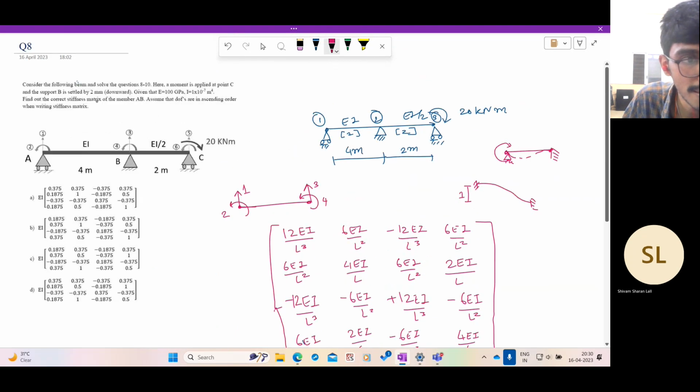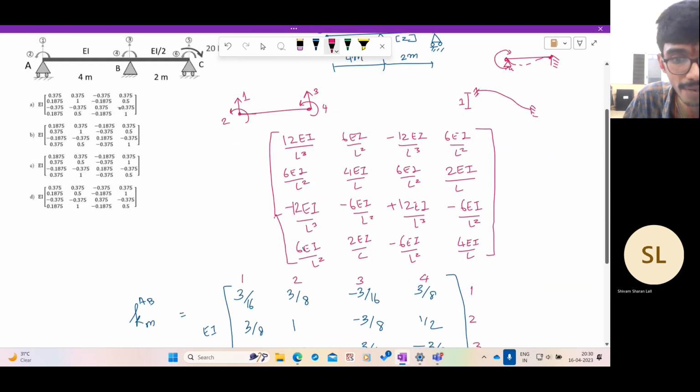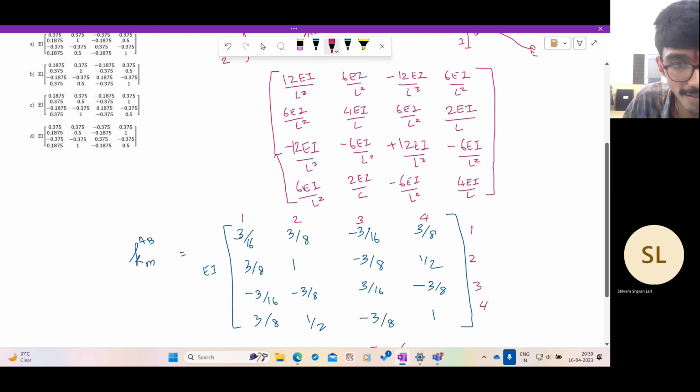They're asking us to determine the correct stiffness matrix of the member AB. So 3 by 16 is 0.1875. So it's either B or C. And you see that minus point, here you are having a 1. So it is option B.